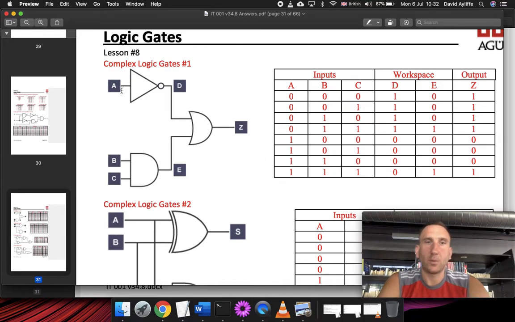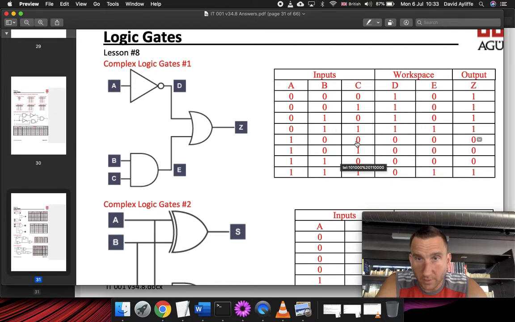Okay, so logic gate 1. So D is NOT A. So these zeros change to ones, these ones change to zeros. Easy. E is B and C. 0 and 0 is 0. 0 and 1 is 0. 1 and 0 is 0. 1 and 1 is 1.